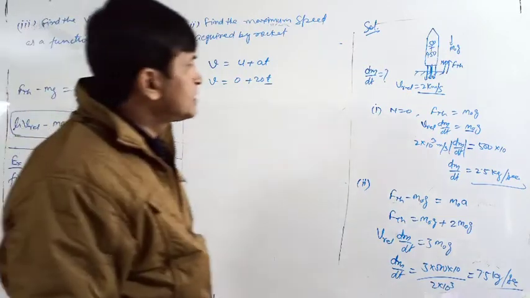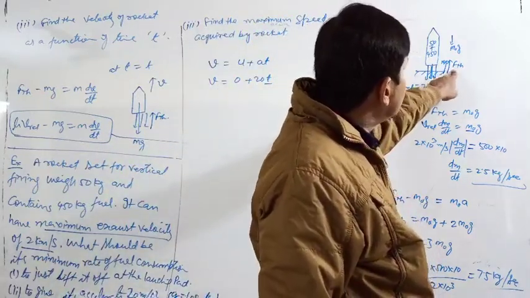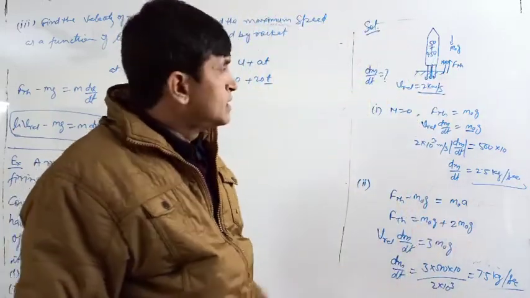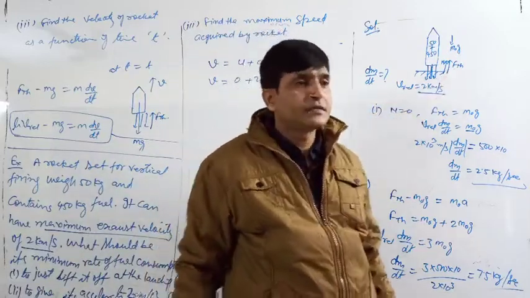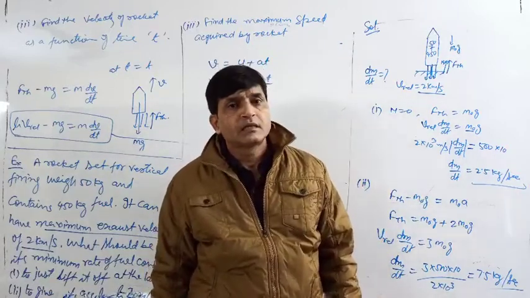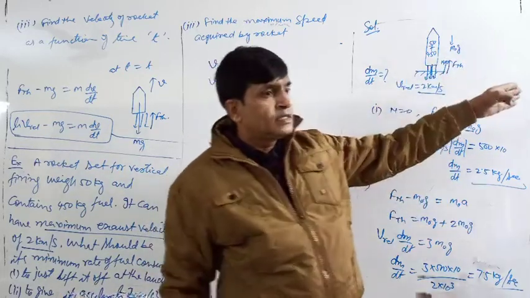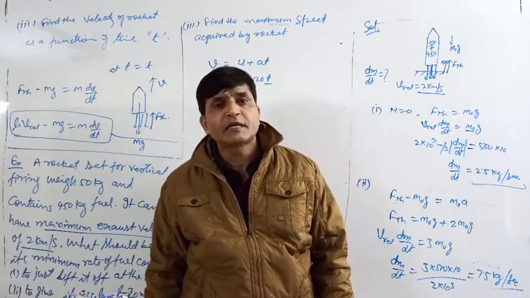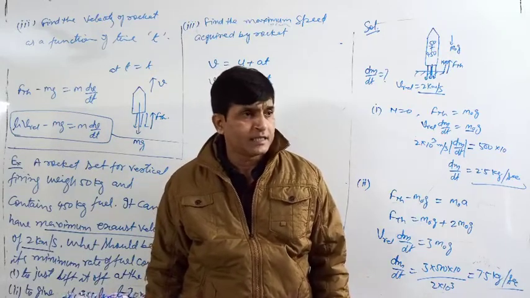Maximum speed will be, see, till the thrust force is acting. Till the thrust force is acting, the rocket has acceleration. As soon as the thrust force becomes zero, then due to gravity its speed starts decreasing. So when the thrust force becomes zero, at that time the rocket will have maximum speed.